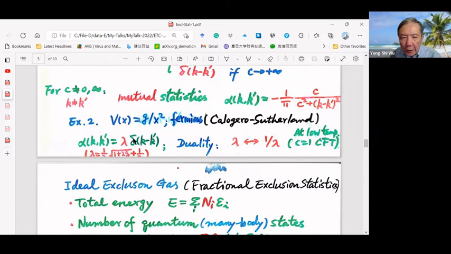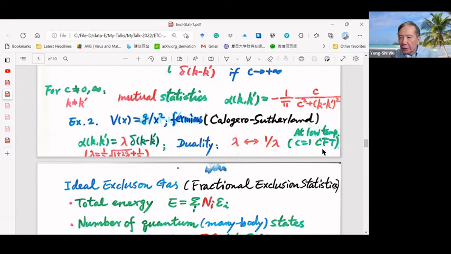In this case, from the above, we can get the statistical parameter, or function, to be a constant lambda times delta of k minus k prime. Okay, the lambda is determined from g, and this system has a duality between lambda and the inverse of lambda.